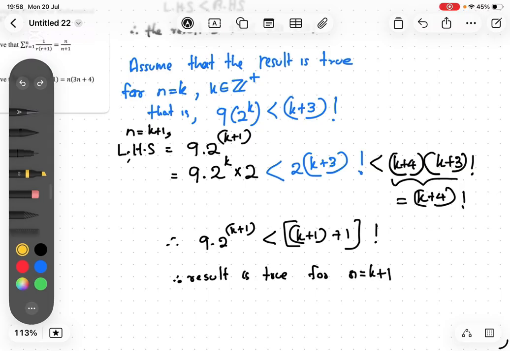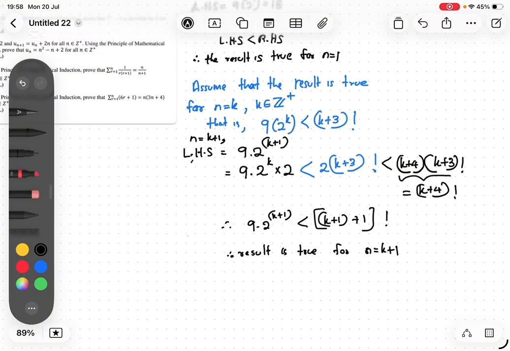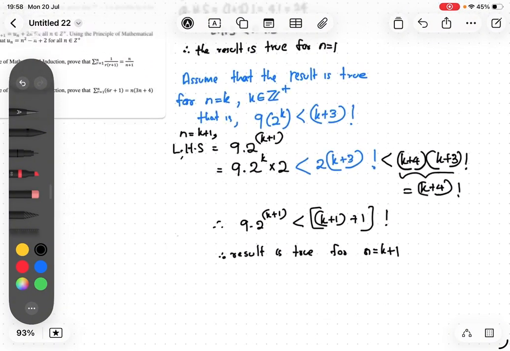This is what we used here: if a is less than b and b is less than c, then a is less than c. Can you understand? So target the answer and move on. Therefore, the result is true for n equals k plus 1.